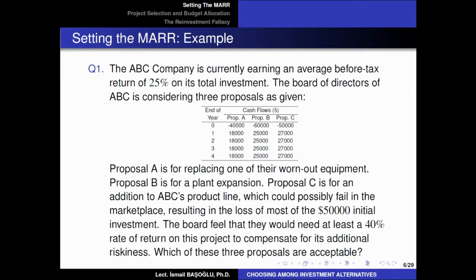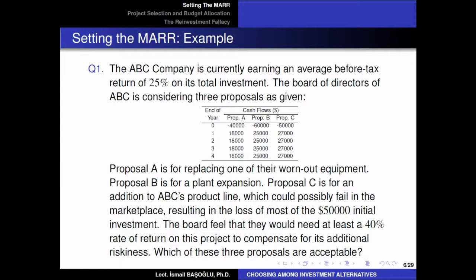So proposal C is the introduction of a new type of product into the market, but the corporate actually finds this project risky, and they feel that the product is going to fail in the marketplace.